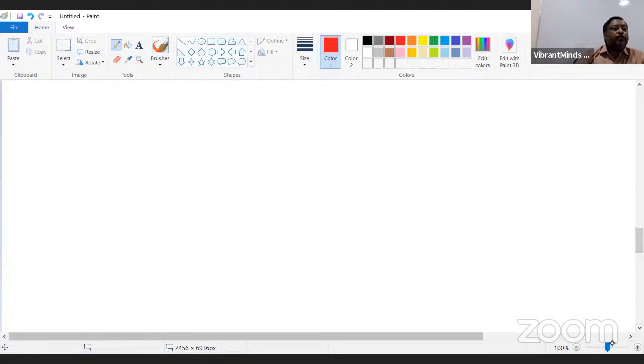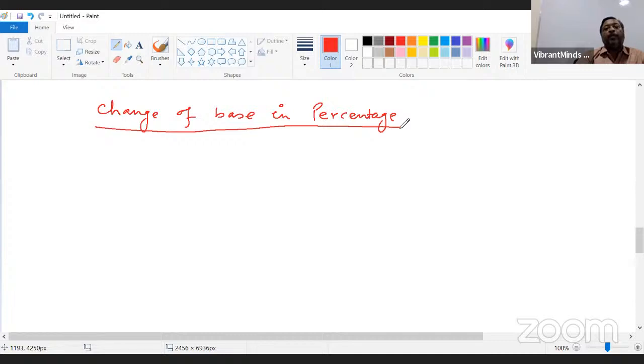Now in percentage, you will have to understand one basic thing, and that is change of base in percentage. Now what do we mean by change of base?